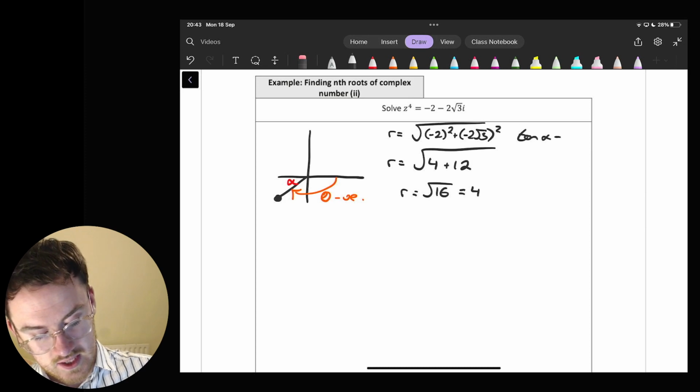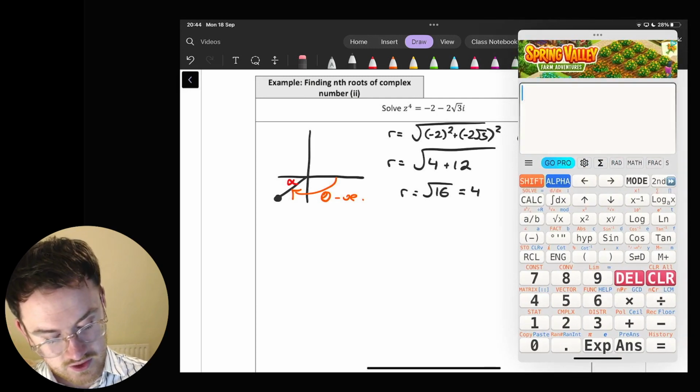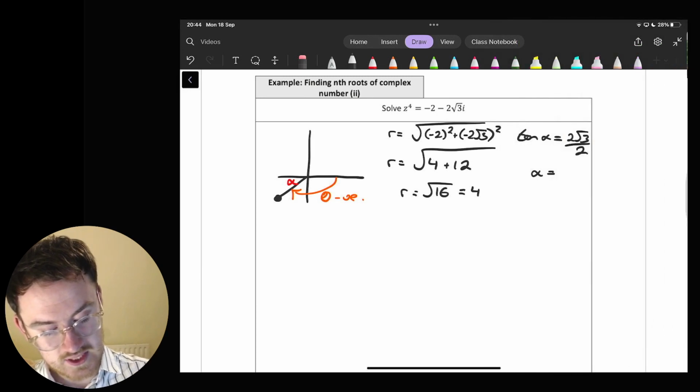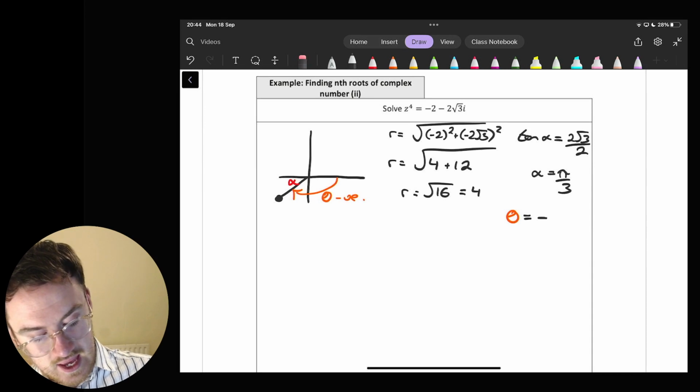So tan alpha being 2 root 3 over 2, we get the same thing as we've been getting, tan inverse of root 3. I should really know what it is at this point. It is pi over 3. Now for this one, we have to be careful. Theta is going to be negative, and it's also going to be pi minus alpha.